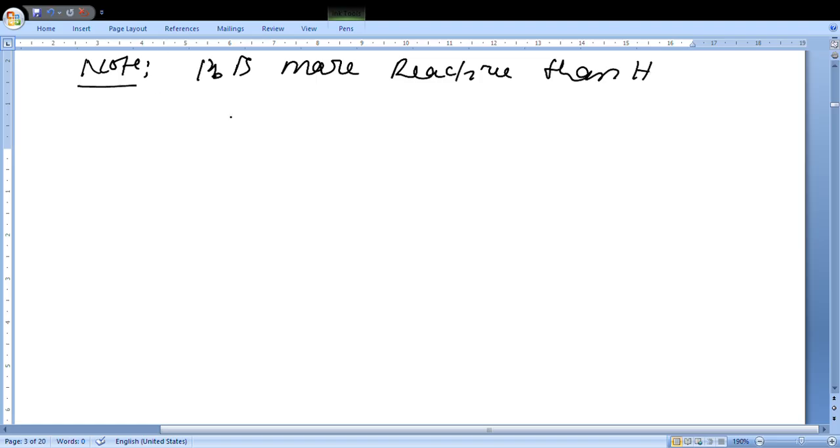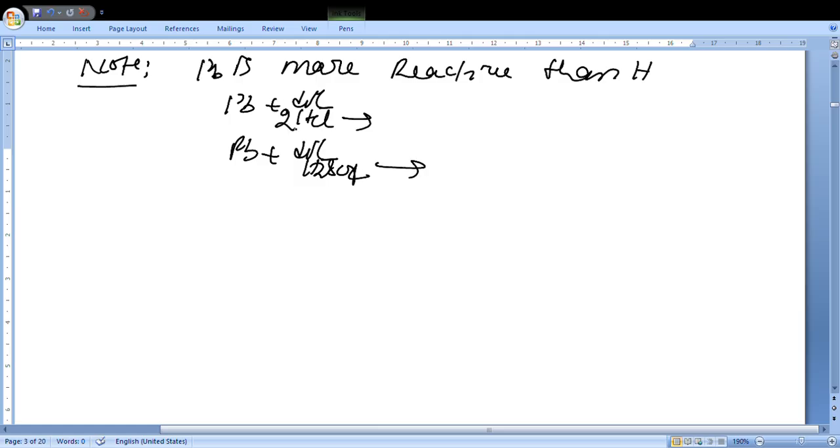So let me take the reactions Pb plus dilute HCl and Pb plus dilute H2SO4. Pb on reaction with dilute HCl forms PbCl2 plus H2. Pb on reaction with dilute H2SO4 forms PbSO4 plus H2. The reason is that Pb is above hydrogen and it is more reactive than hydrogen. So definitely the displacement reaction will occur.